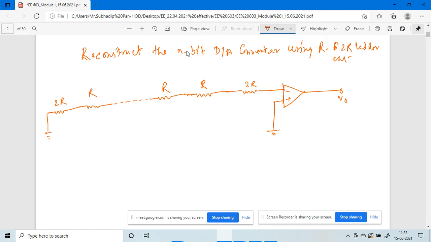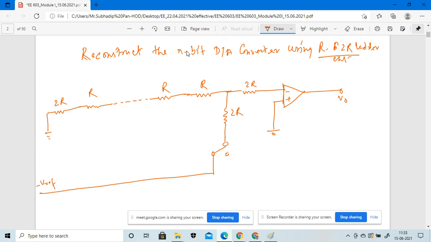Again we consider my 2R, because this will be my R 2R ladder circuit. It should be like this. This will be my V reference voltage, and this will be my ground.